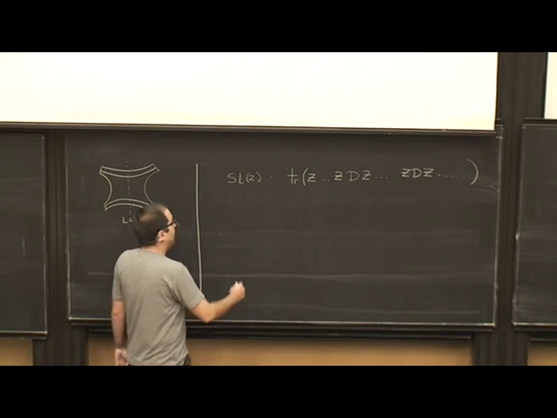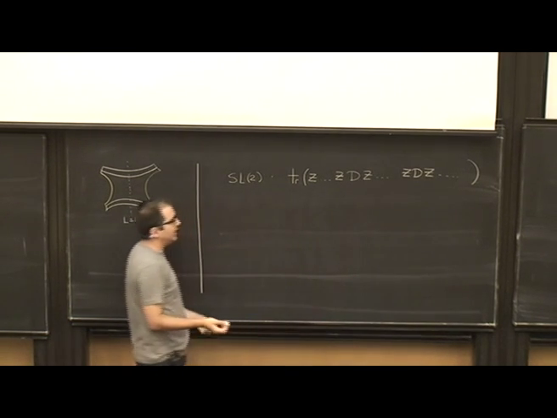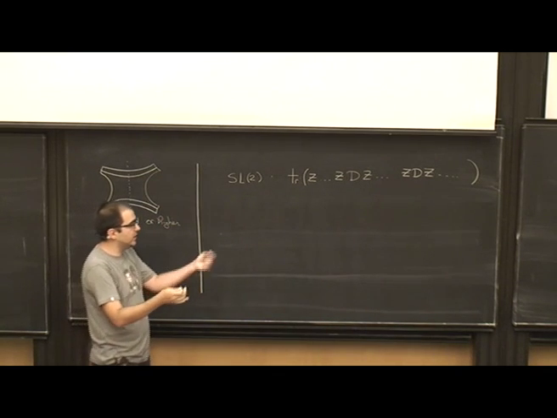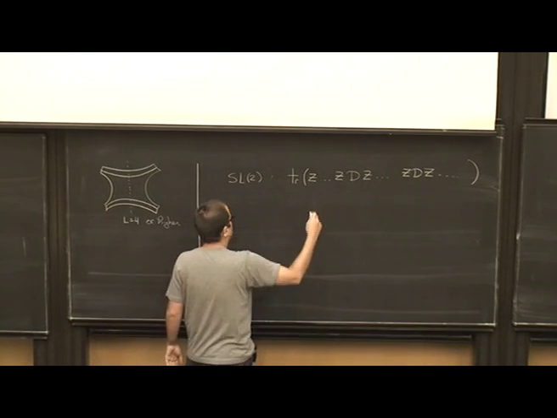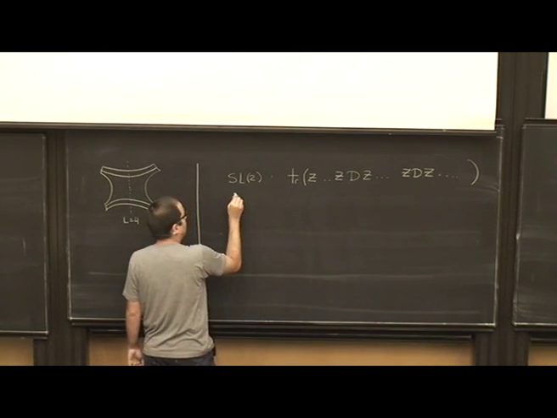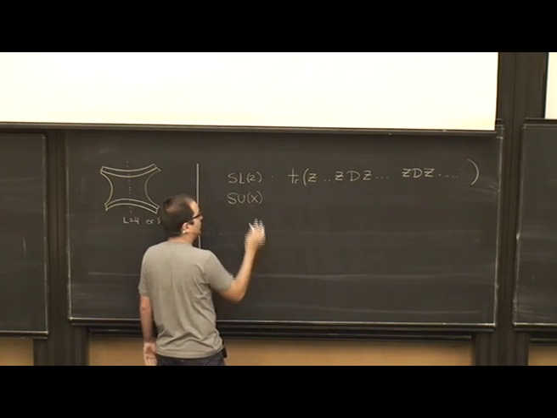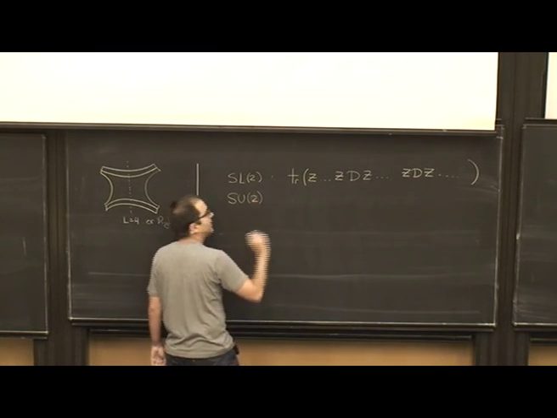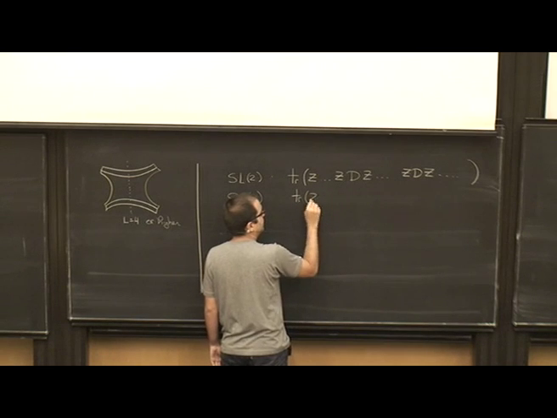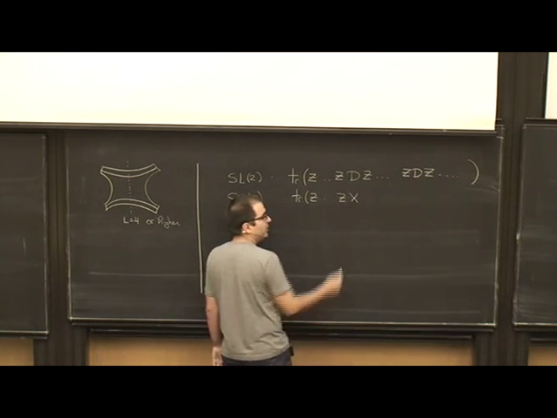Okay? There are other sectors that have the same very simple interpretation as a single kind of particle moving in the sea of scalars. These are called rank 1 sectors because there's only one kind of particle. For example, perhaps the most famous one is the so-called SU2 sector, where we have trace of scalars and the other excitation that is moving is an X field.